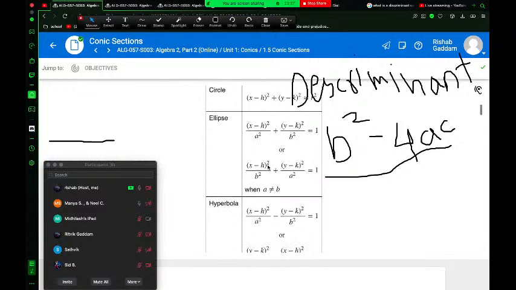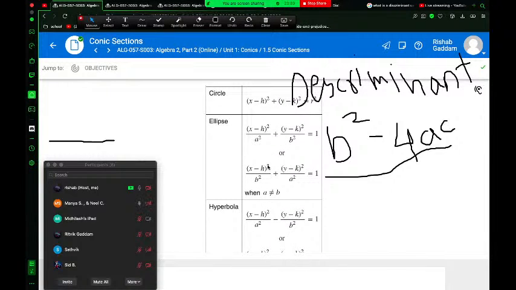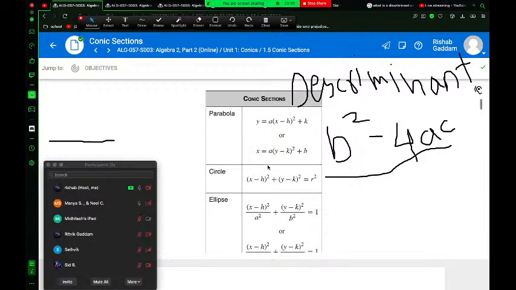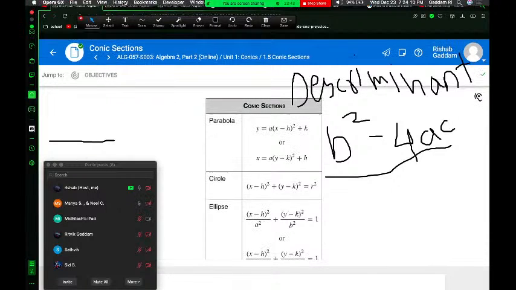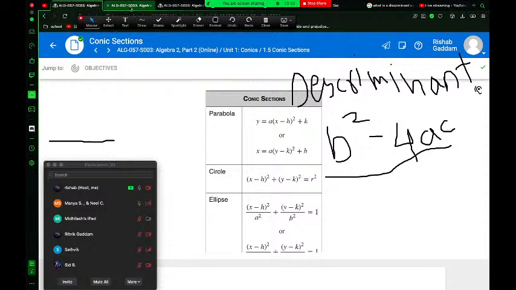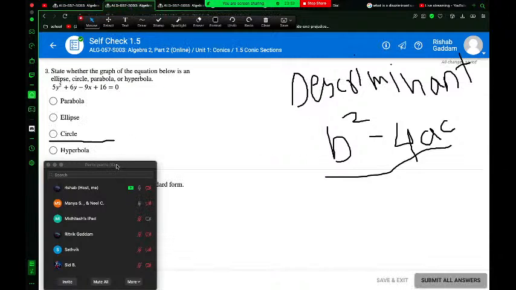No, it can't be an ellipse. It's either a circle or a parabola. Since you really can't square 0, I think it's a parabola. Yeah, good job. You can also tell because x does not have a square attached to it.